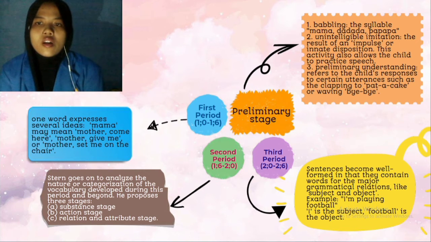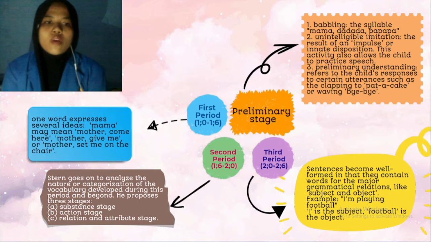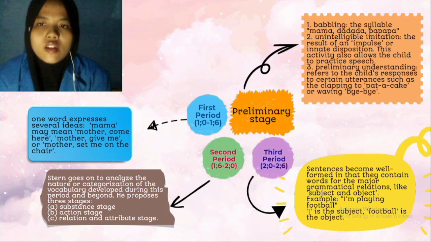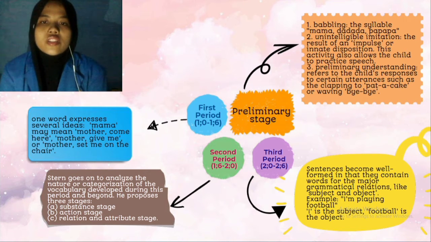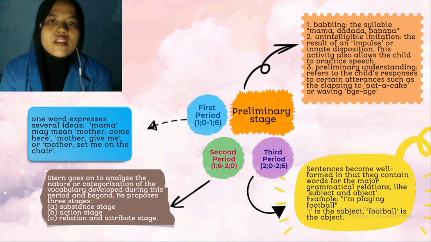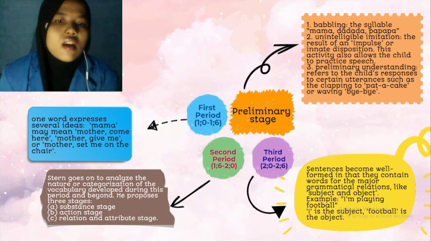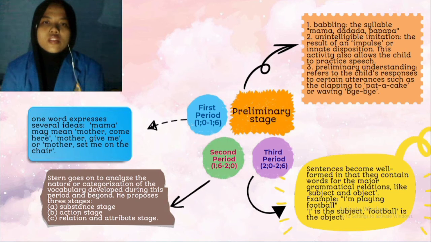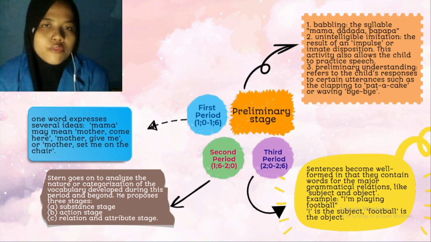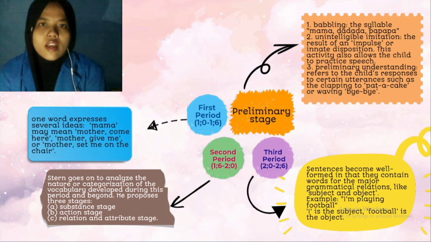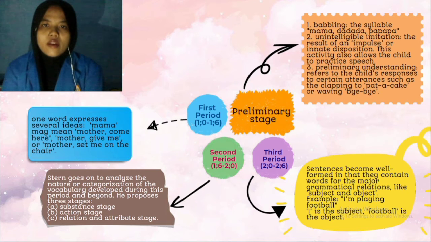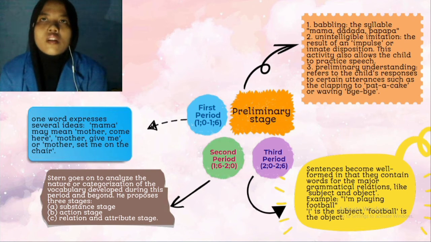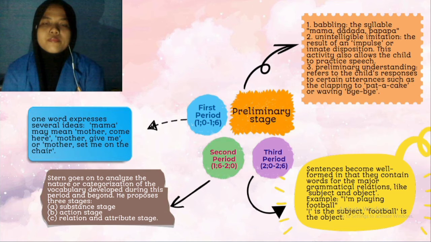So even though they can produce only one word, the children want to say several ideas or meanings. In other words, in the first period, the children convey not just a word, they convey a whole idea. And a word they produce may be used to express several ideas.